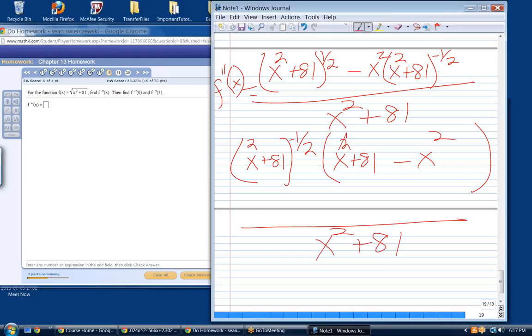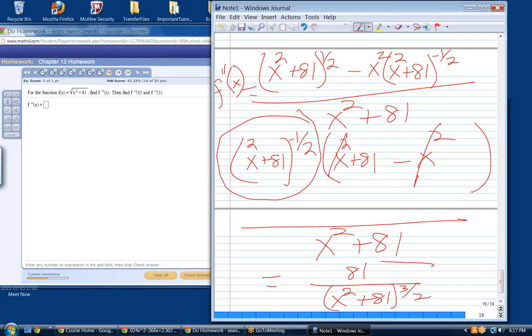Now, notice that this x squared cancels with that x squared, and I can simplify that because I have one of those in the bottom. So I'm going to subtract exponents. So my final answer is going to be 81 divided by x squared plus 81 to the 3/2 power. By the time I get done simplifying everything, that's what my answer is.